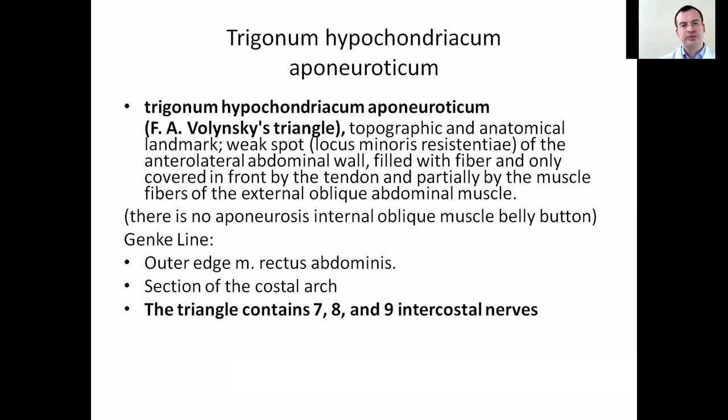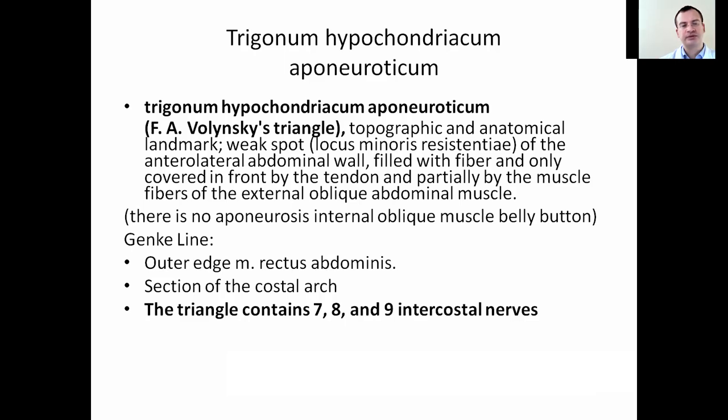Trigonum hypochondriacum aponeuroticum, Walensky's triangle. It is a topographic and anatomical landmark, a weak spot of the anterolateral abdominal wall, filled with fiber and covered in front only by the tendons and partially by the muscle fibers of the external oblique abdominal muscle.